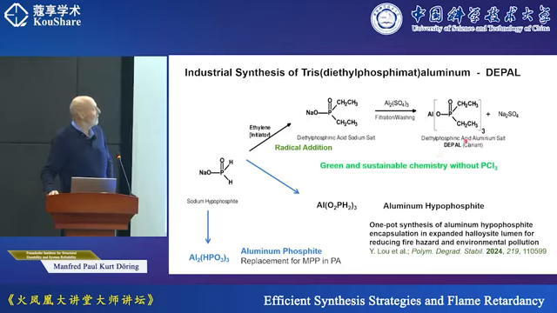The producer is Clariant in Germany and Switzerland, and it's a very good flame retardant for engineering plastics, especially polyamides, polyester. And this is a simple radical addition. That means a very, very atom efficient synthesis of that one starting from here. And another very important flame retardant is aluminium hypophosphite.